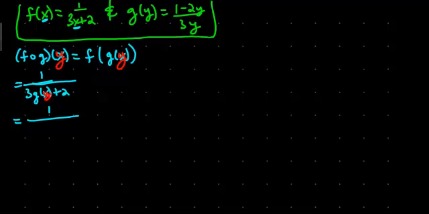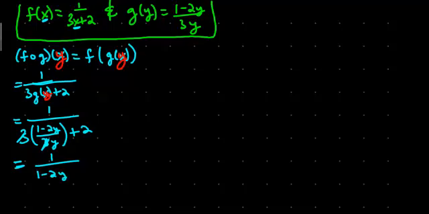Forgive me. So 1 over 3 times g of y plus 2. So g of y is going to be 3 times 1 minus 2y over 3y, plus 2. When I multiply here, you see that this 3 and that 3 are going to cancel each other. And so this is going to leave me with 1 over 1 minus 2y over y plus 2.